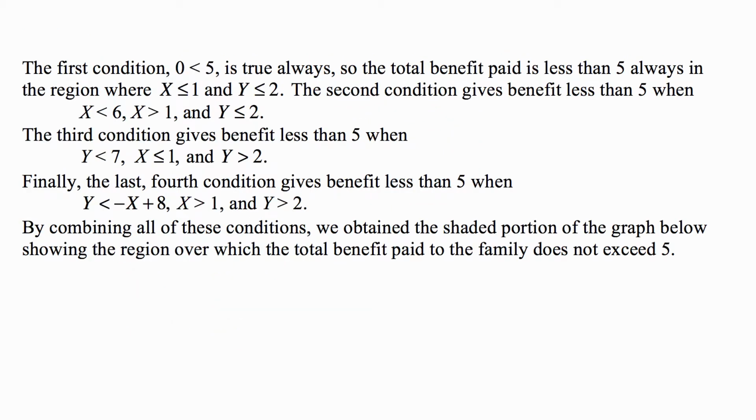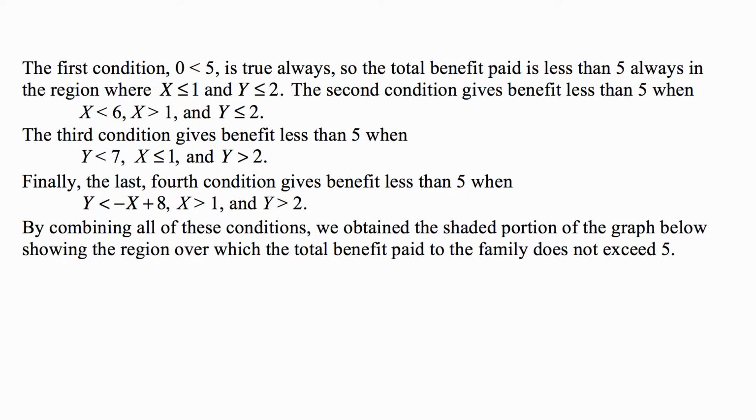So as I said, the first condition, 0 less than 5, is always true. So the total benefit paid is less than 5 always in the region where X is less than or equal to 1 and Y is less than or equal to 2. The second condition gives benefit less than 5 when X is less than 6, X is more than 1, and Y is less than or equal to 2. The third condition gives benefit less than 5 when Y is less than 7, X is less than or equal to 1, and Y is more than 2.